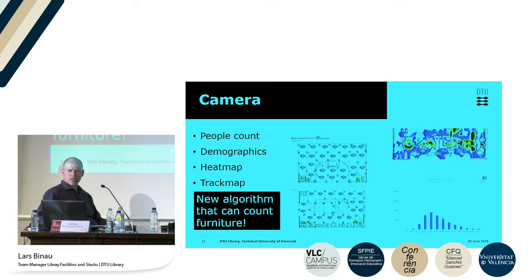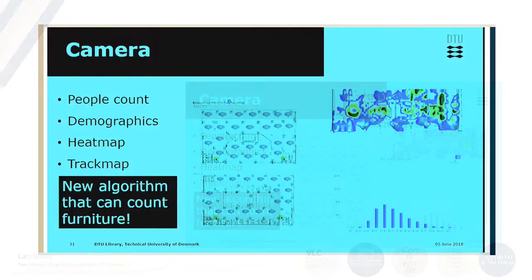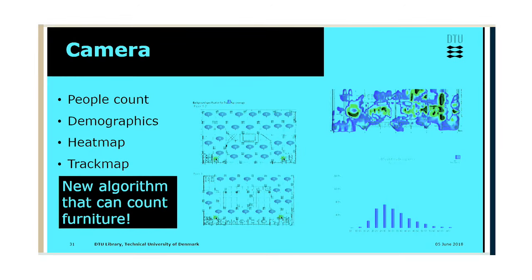We have about 100 cameras tracking everything that goes on in the library anonymously. So everybody is just a dot, but it picks up data and creates data on how movement takes place by the 2,500 people there every day. And that can be used for research too.